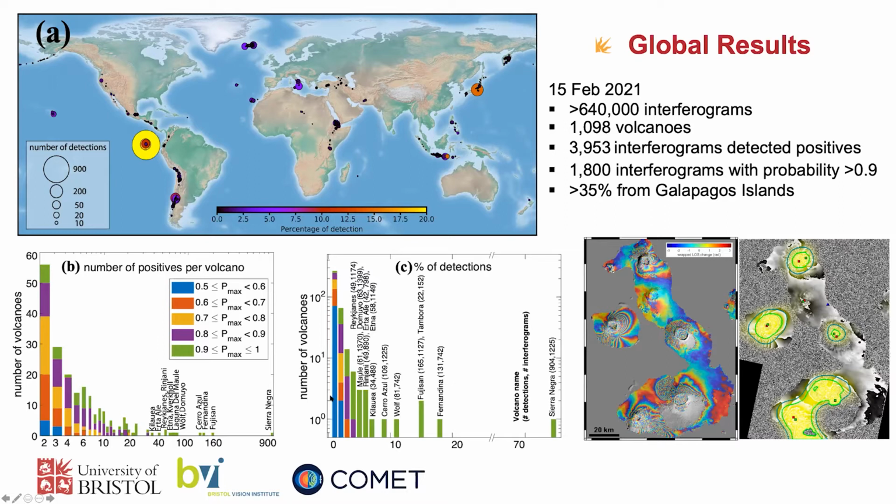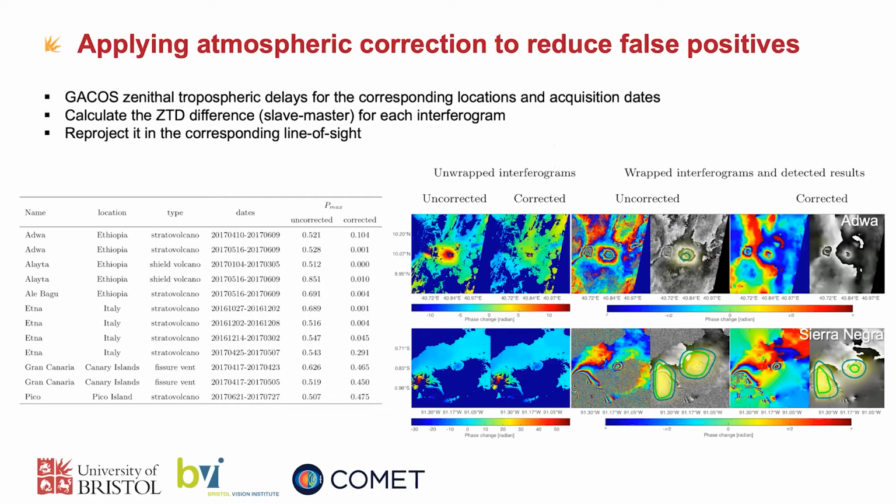That's why we come to how to improve these false positives: we can apply atmospheric correction. We have tried using a weather model to remove some of this atmosphere, and we found that it improved a lot. For example, if this is a false positive before, it was detected incorrectly because the data has lots of fringes that look like the shape of the volcano, and it looks a bit deformed.